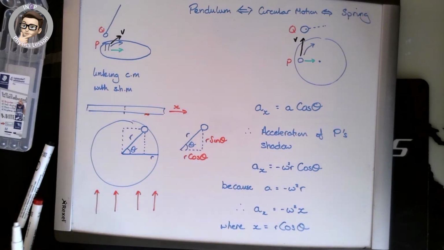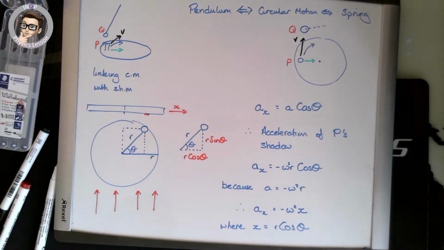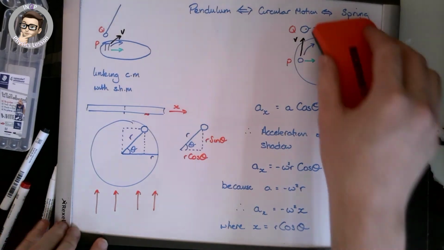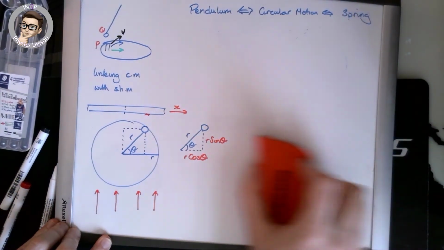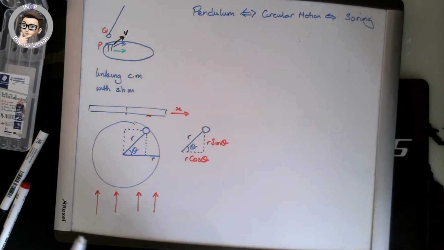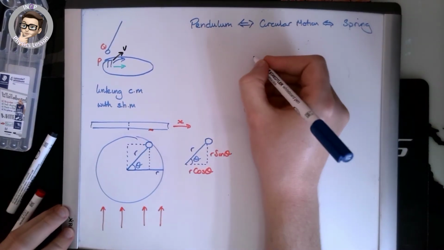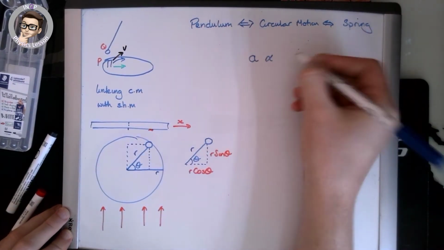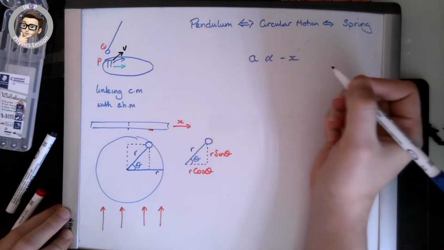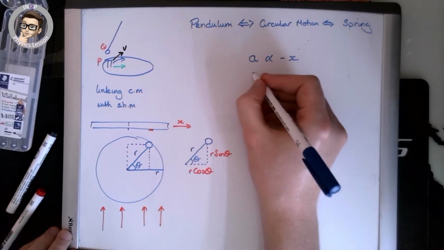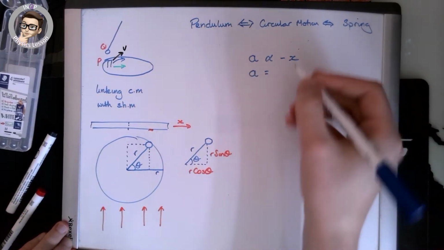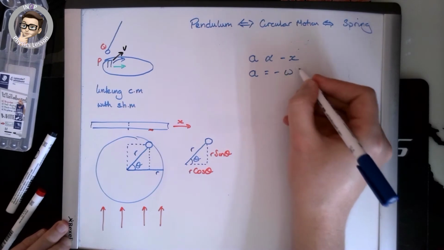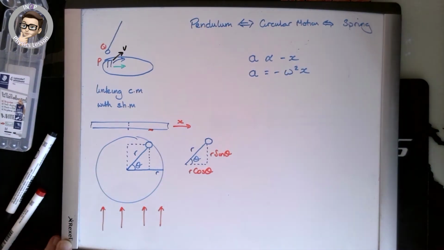Well, hang on, because last lesson, didn't we get to this idea that acceleration was proportional to the negative displacement? So we said that acceleration was proportional to the negative displacement, and then we said that the constant of proportionality, and I said I wasn't going to explain it in that lesson, was omega squared.